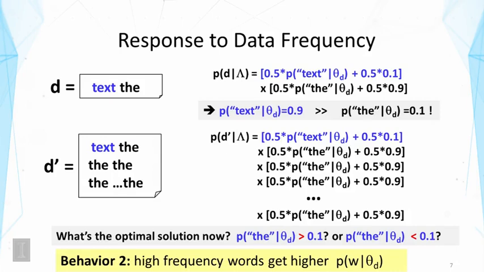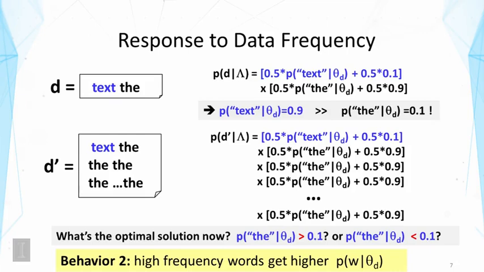If we increase it a little bit, it will have more positive impact, whereas a slight decrease of "text" will have a relatively small impact because it occurred just once. So this means there is another behavior that we observe here. That is, high frequency words generally will have high probabilities from all the distributions.